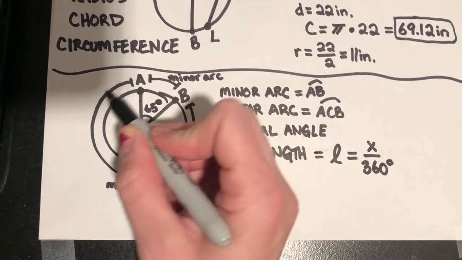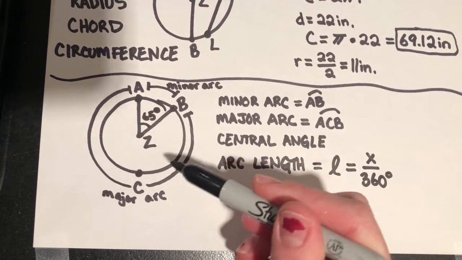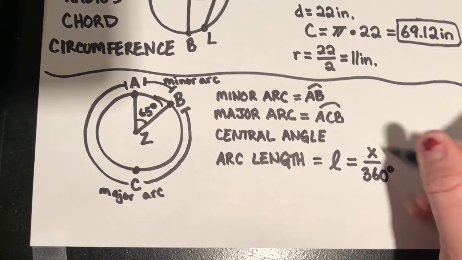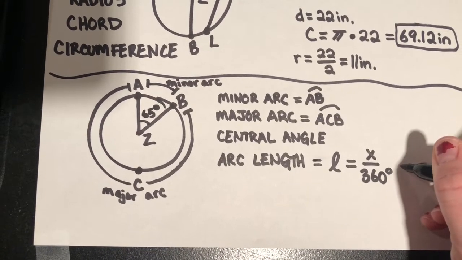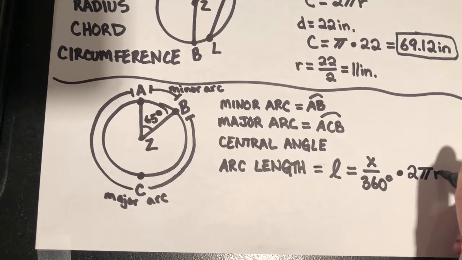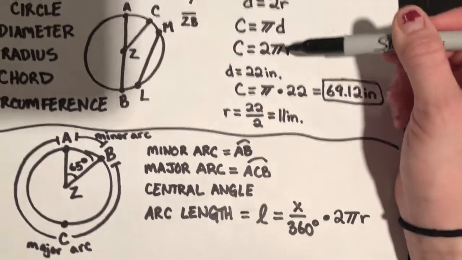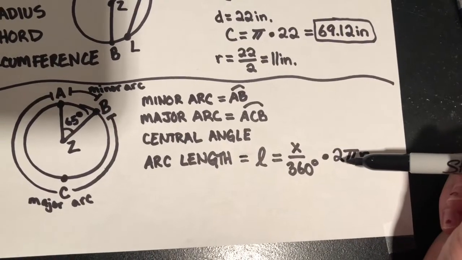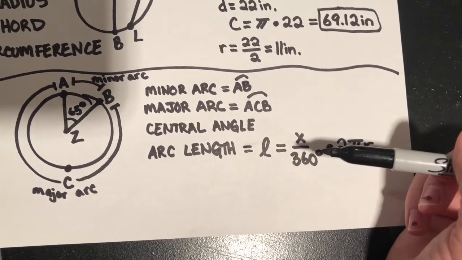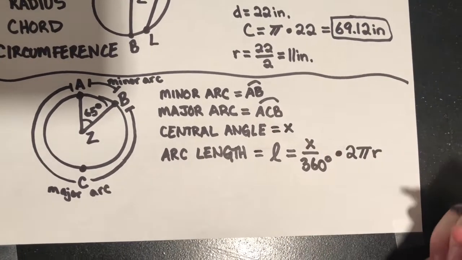Now, every circle is 360 degrees all around. So we're going to multiply this part of the circle, this central angle, by 2 times pi times r. Now, 2 times pi times r, hey, that's our circumference. So we're multiplying the circumference by a fraction. So we're looking for a part of the circle. Now, x is our central angle.